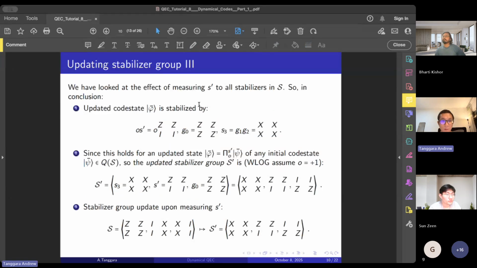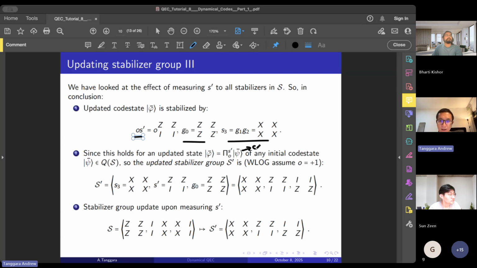So what have we done so far? We found that this new code state is stabilized by this O S bar, where O is just plus or minus one. And this G0, this 4-qubit Z stabilizer, and the product between these two 2-qubit X stabilizers on the sides. So I did not make any assumption of which phi bar I take.